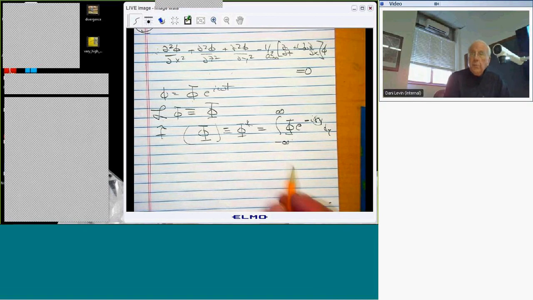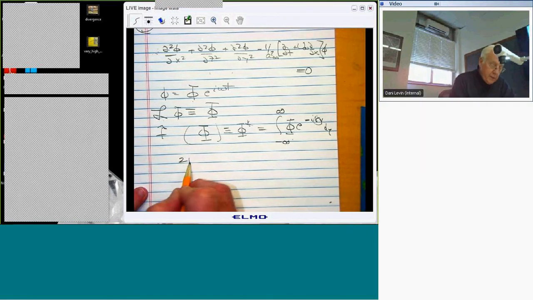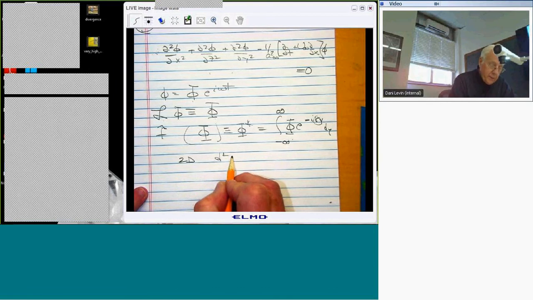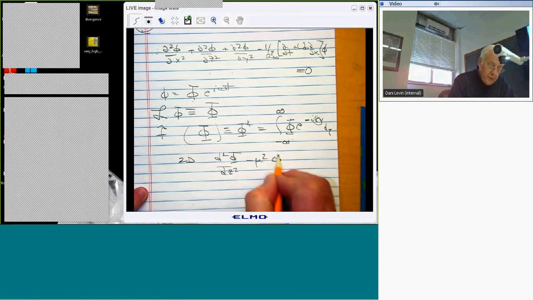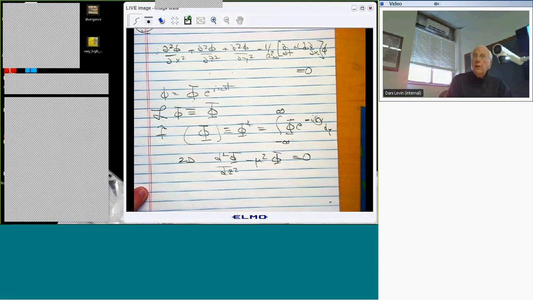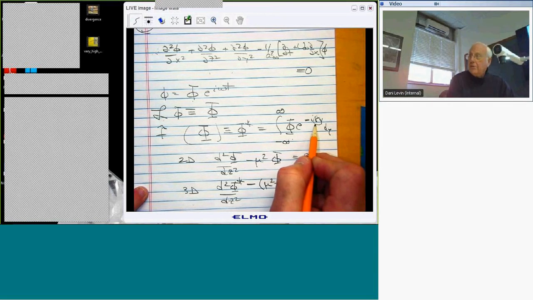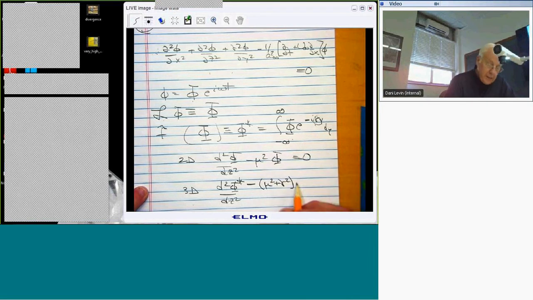In 2D, we ended up with b squared minus mu squared phi equals 0. What we're going to end up with in 3D is b squared minus mu squared plus gamma squared, where gamma is the Fourier transform variable with respect to y, times phi star. So, in transform space, it's just as easy to solve it as it was in 2D form.